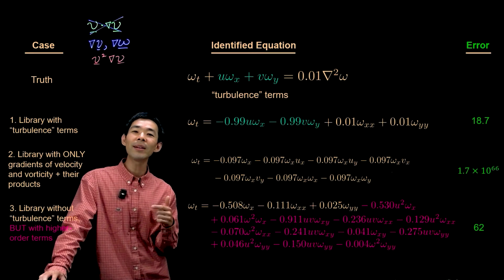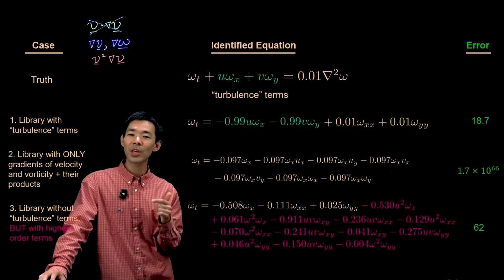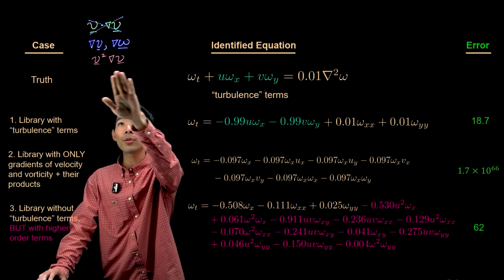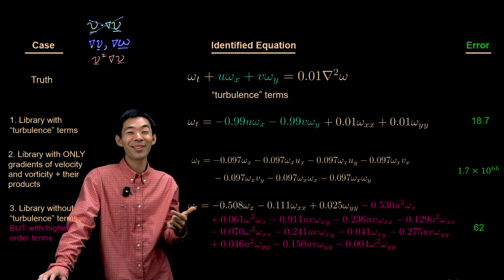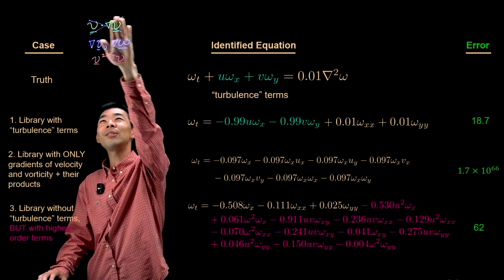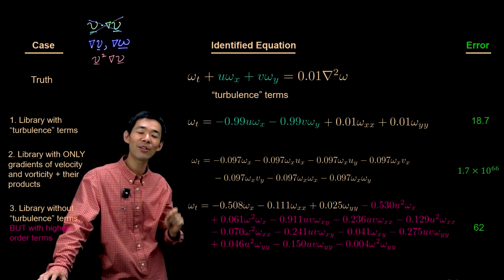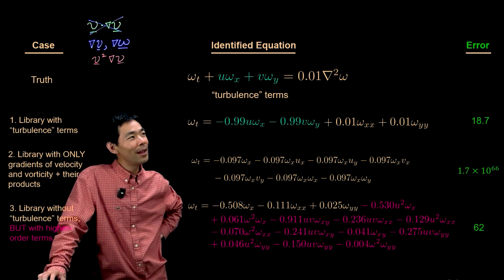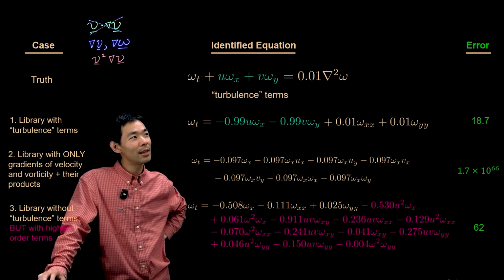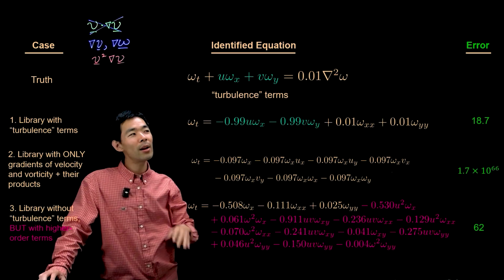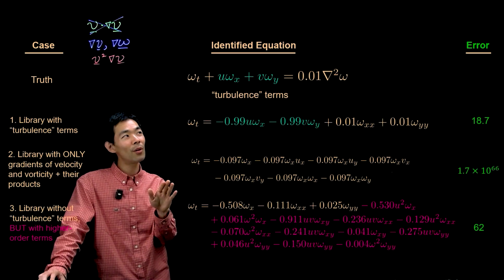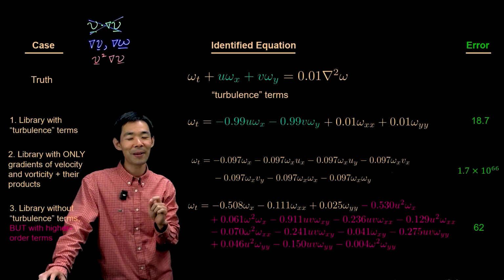But I still found it interesting that there is a chance that higher order terms like this, or even higher fourth order terms, could potentially compensate for the lack of a normal turbulence term. And if that is really true, that tells me that the Navier-Stokes equations is a special model, but not special for the reason that I used to think.